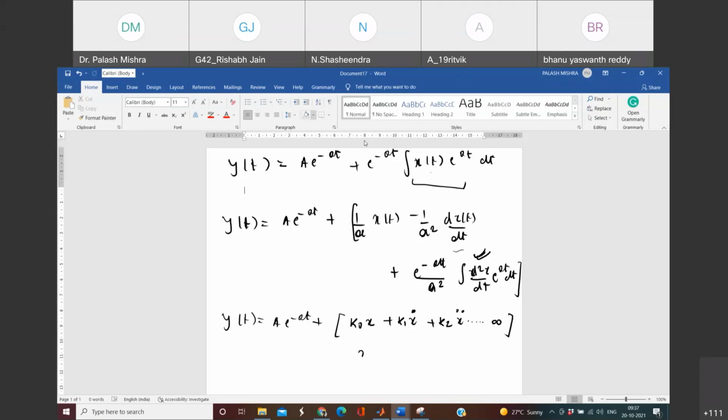Where x dot is dx by dt, x double dot is similarly d square x by dt square, and similarly it will be x triple dot, x4 dot. But this integral term will not vanish if you have to write the general equation.